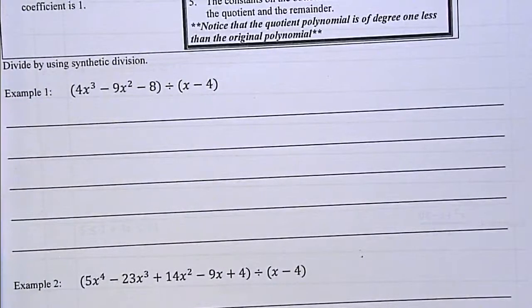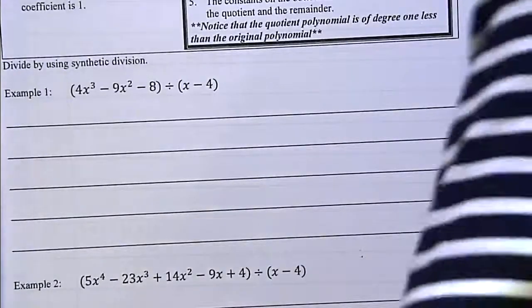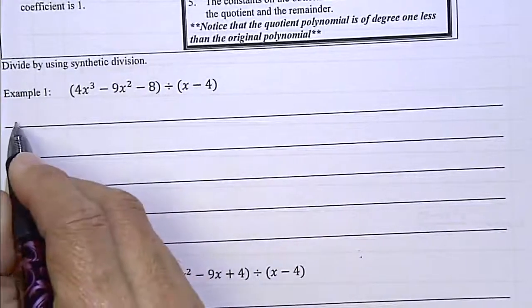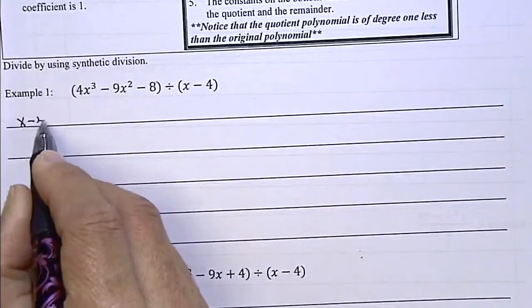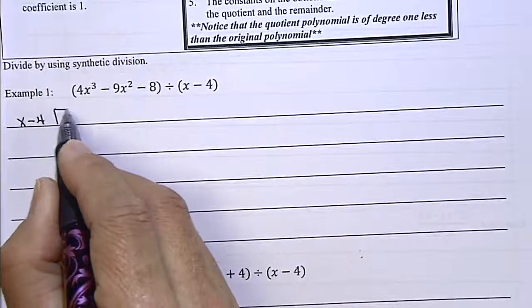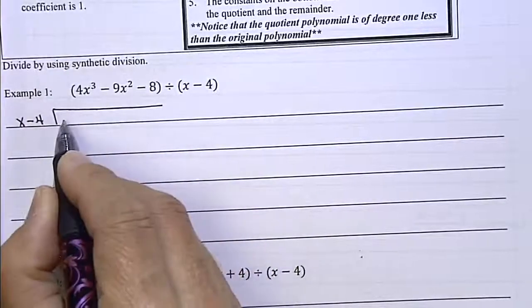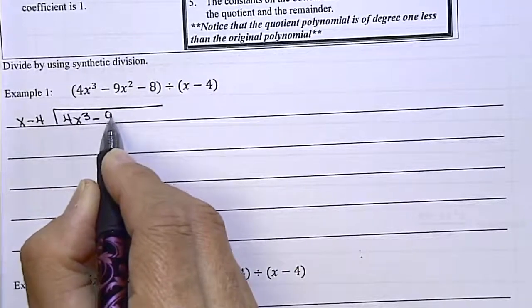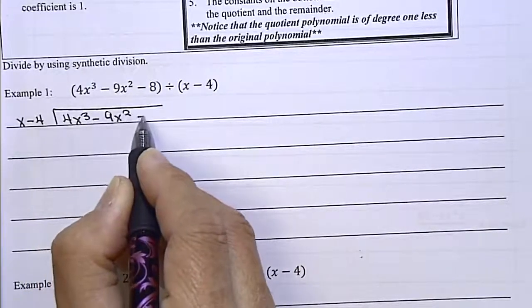Let me get this straight here where I am, because I had some notes on this page I didn't want to mess up. So what I've got here, long division wise, I would say x minus 4, and I would divide it into 4x cubed minus 9x squared minus 8.